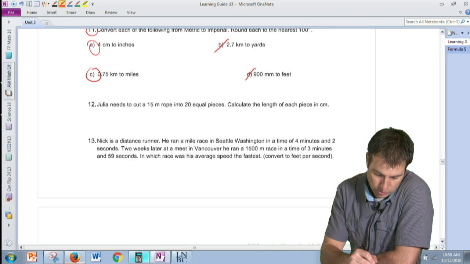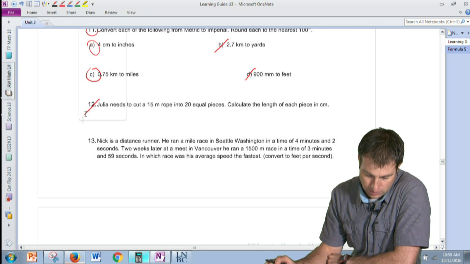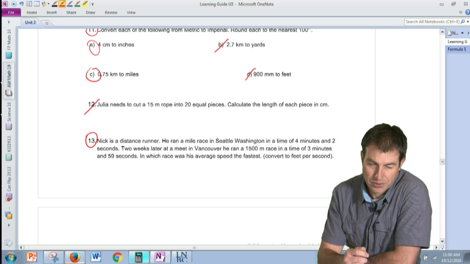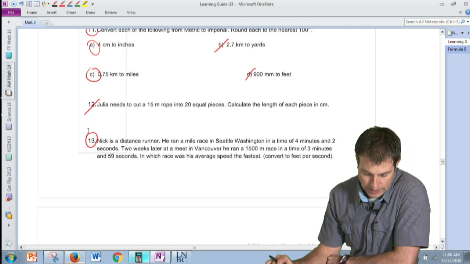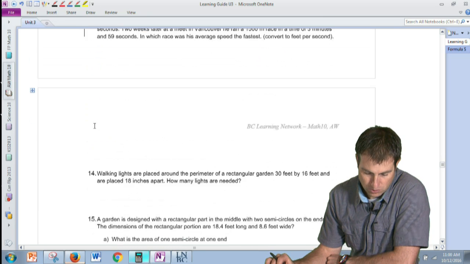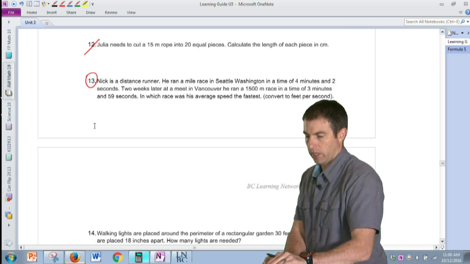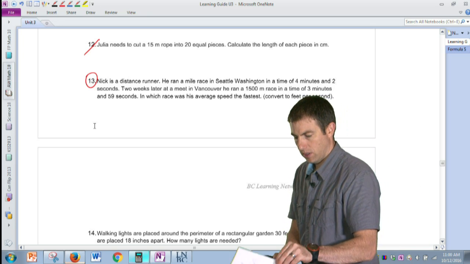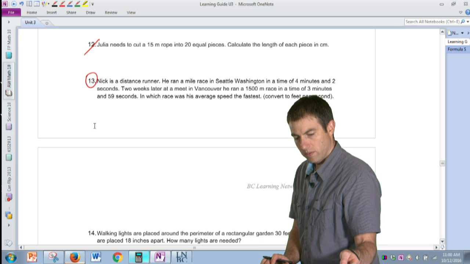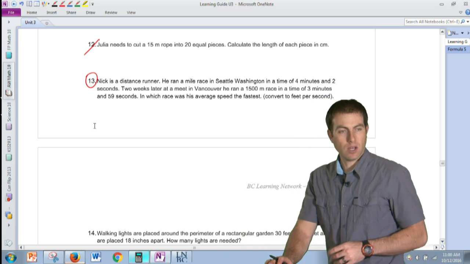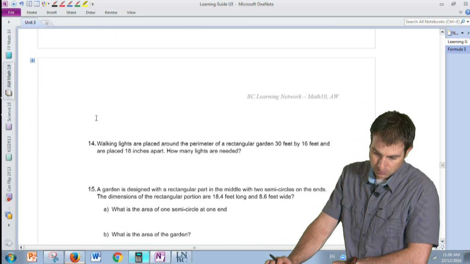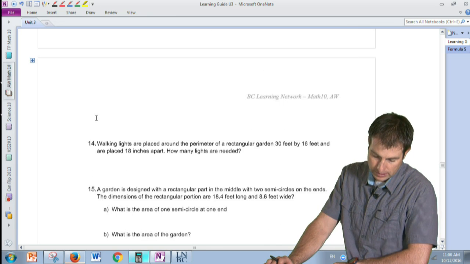Let's not worry about 12. Thirteen shouldn't be too terribly bad. So we'll do 13. Just making sure, so there's 2 and a bit more pages here. All right, so we're going to do 13. 14, walking lights are placed in the perimeter of a rectangle, 18 inches.